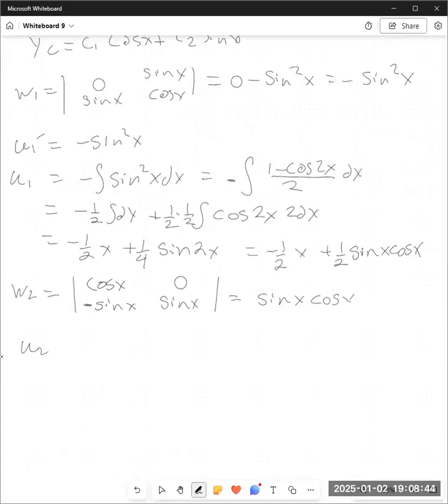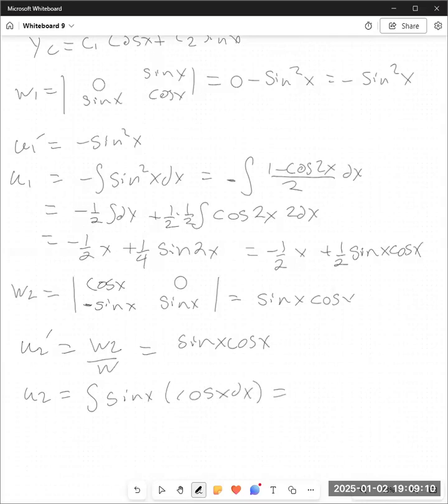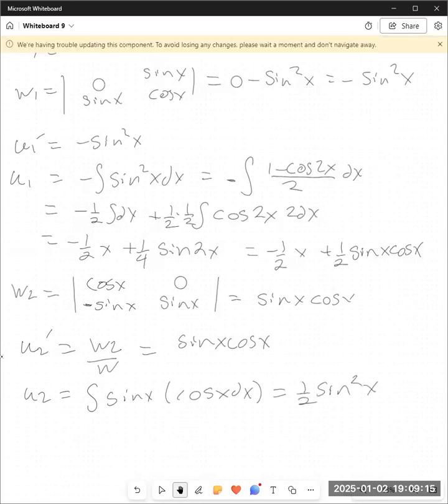So that makes U2 prime equal to W2 over W, which is sine x cosine x. Really doesn't matter which way I go here. I'm going to differentiate so that the derivative of sine is cosine. So U2, the integral of sine x cosine x dx, is going to turn into a 1/2 sine squared x.